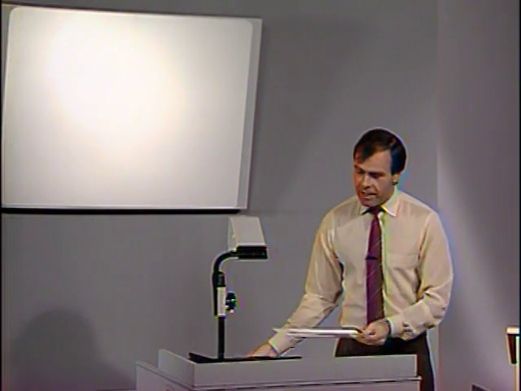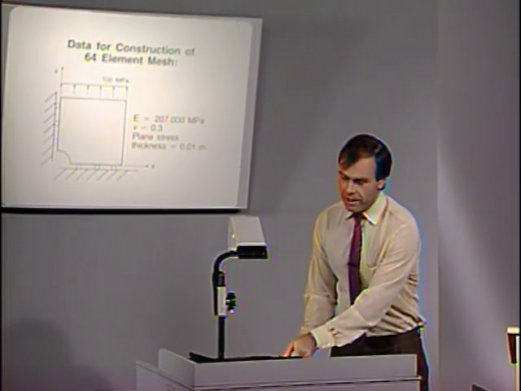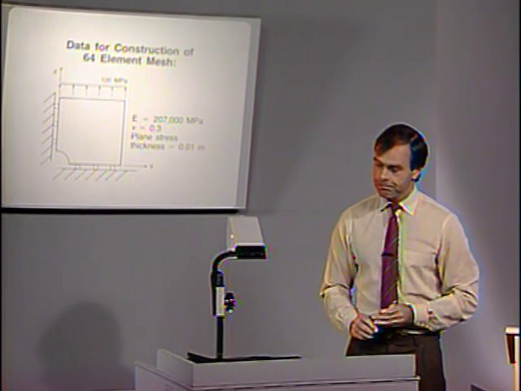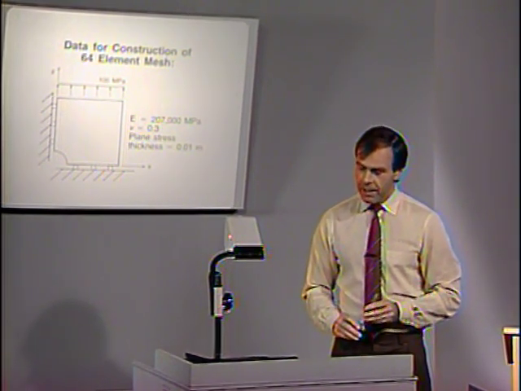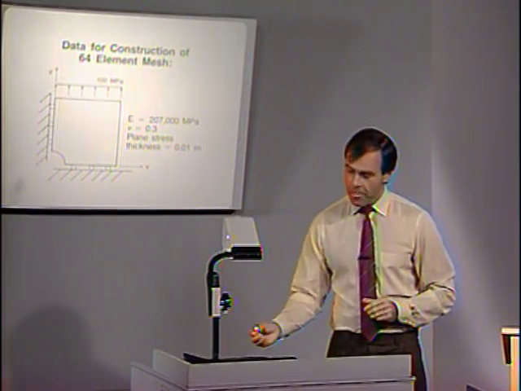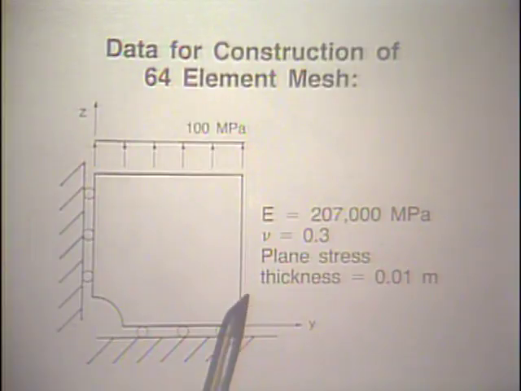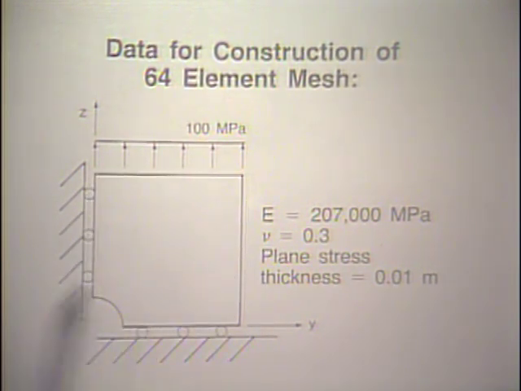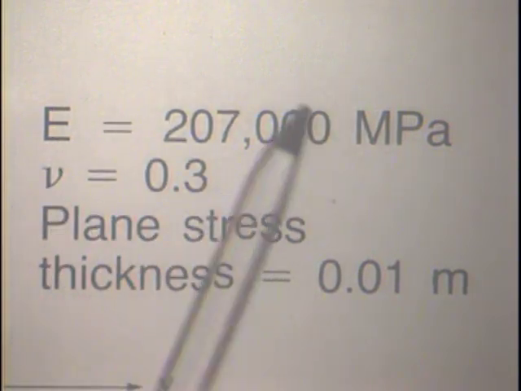The data for the construction of the finite element mesh that we want to deal with in the example solution is input for this quarter of the plate. As I pointed out earlier, we have these elastic material constants.